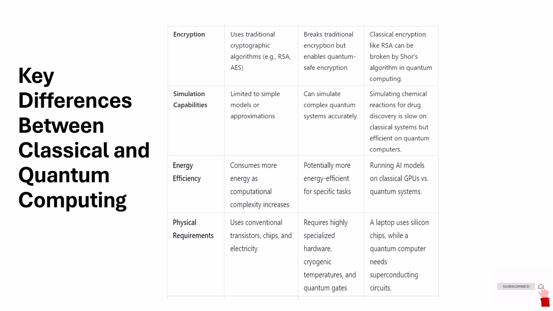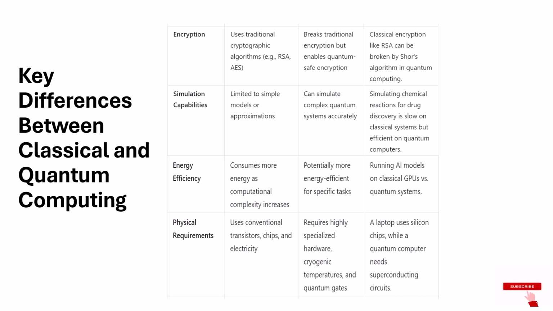In terms of simulation capabilities, classical is limited to simple models or approximations, whereas quantum computing can simulate complex quantum systems accurately. In terms of energy efficiency, classical computing consumes more energy as the computational complexity increases, whereas quantum computing is potentially more energy efficient for specific tasks.